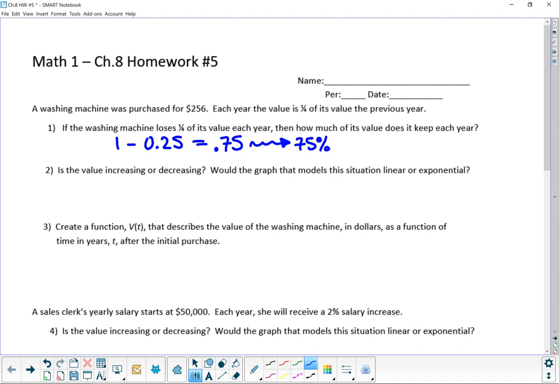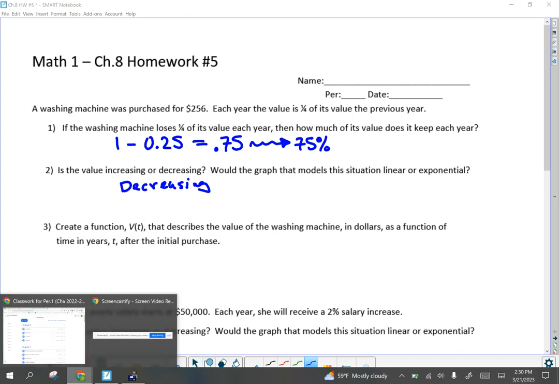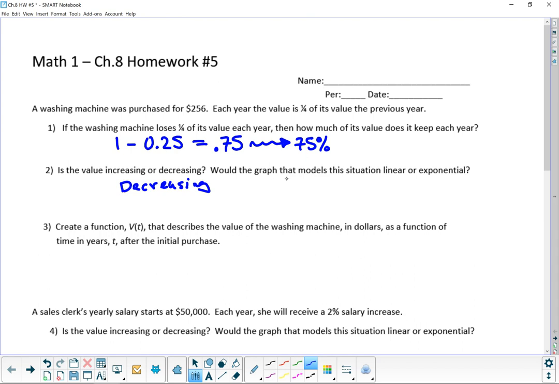Is the value increasing or decreasing? And this is definitely decreasing. And is the graph that models the situation linear or exponential?